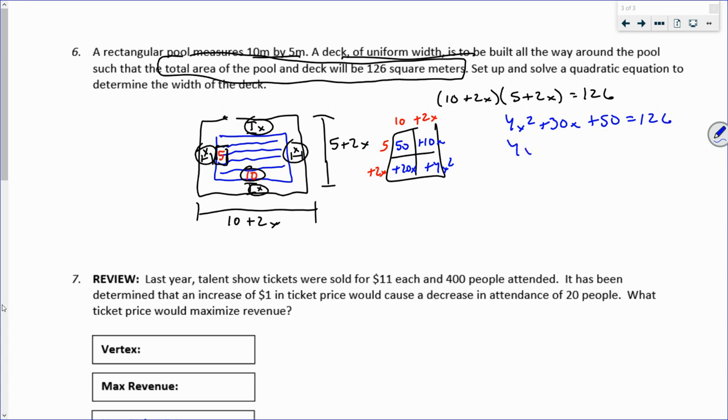Before I can ever start solving, I've got to subtract the 126 over. So 50 minus 126 is negative 76. I have a feeling this is factorable, but I don't want to take the time to find it, so I'm going to go to the quadratic formula.